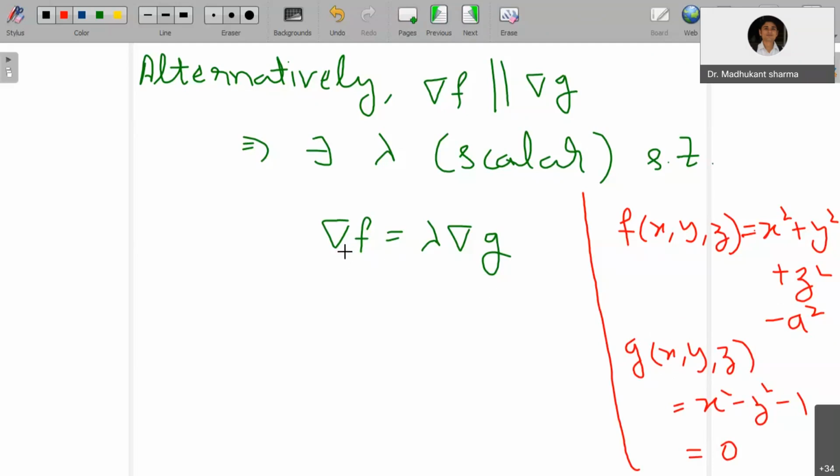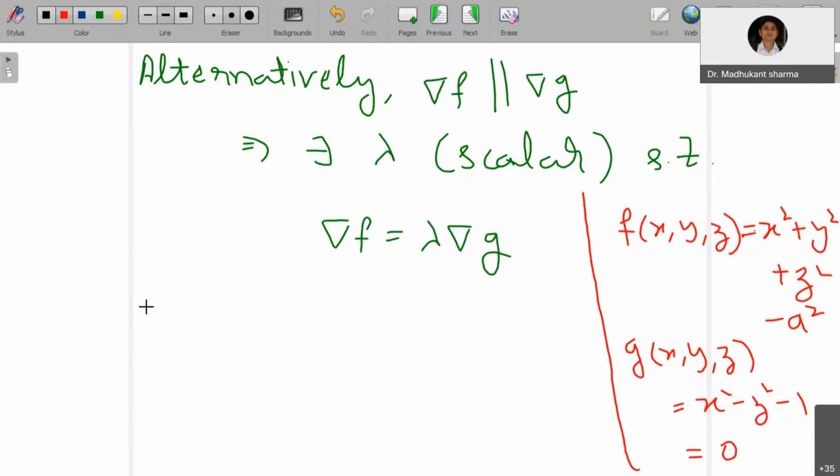So now you can add it. I'm assuming you are now quite comfortable in identifying the gradient f and gradient g components. I'm directly writing grad f on the left side, and grad g on the right side, by looking at the function.